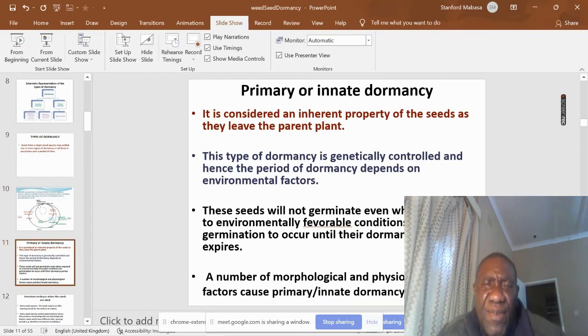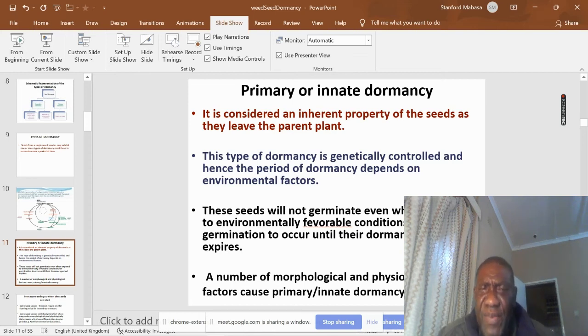So let us focus on the primary or innate dormancy. It is considered an inherent property of the seeds as they leave the parent plant. So when the mature plant releases some seeds, they already possess innate dormancy or primary dormancy.